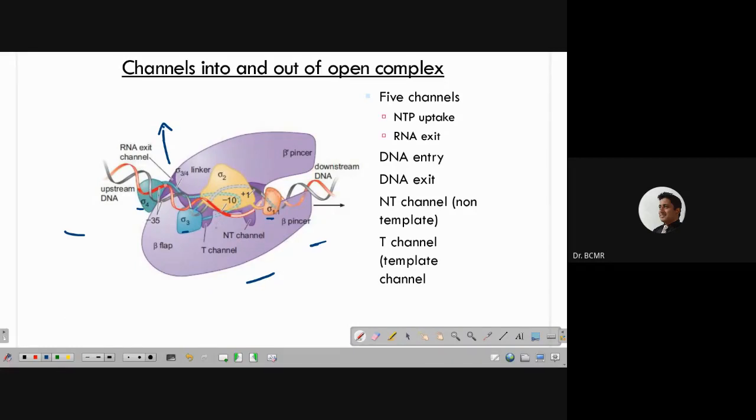And we also spoke about something called abortive initiation, where the RNA polymerase binds to the promoter and forms a closed complex. That then forms an open complex where there is a transcription bubble, and there is progress towards elongation.